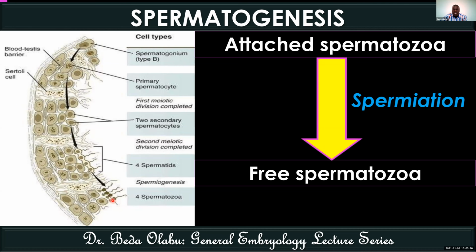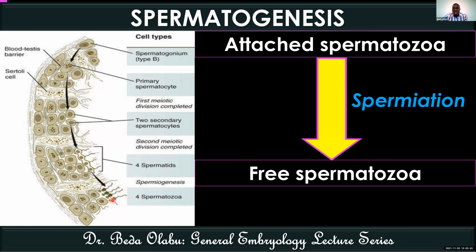Now, in ejaculation, the sperms are released from inside to wherever they go, outside. That is ejaculation. Spermiation is the release of sperms from the wall of the seminiferous tubules into the lumen of the seminiferous tubules. It's like the way when you release the oocyte, we call that ovulation.